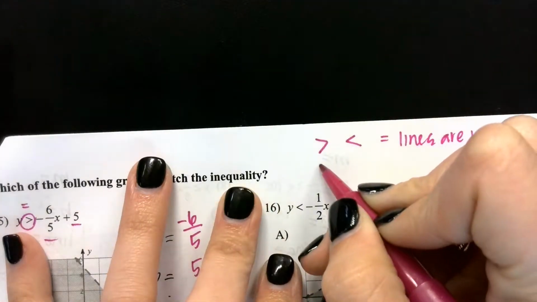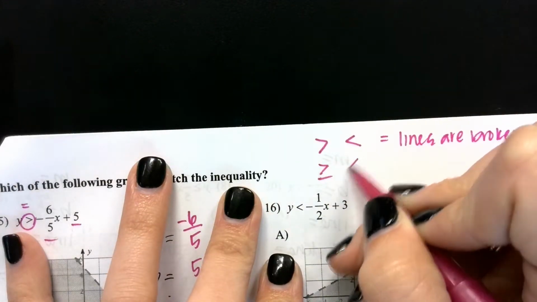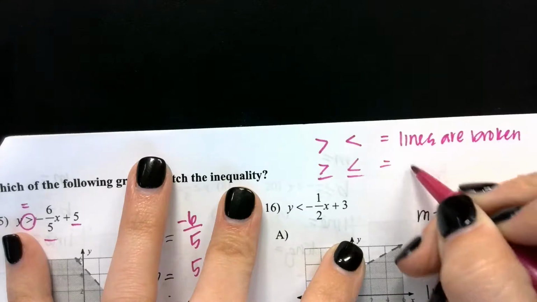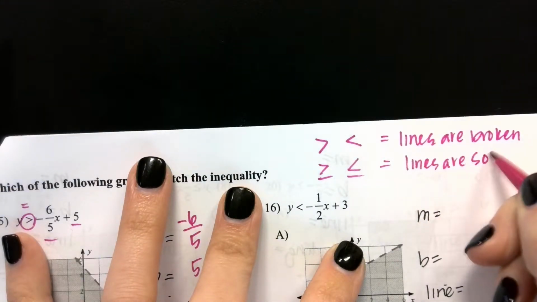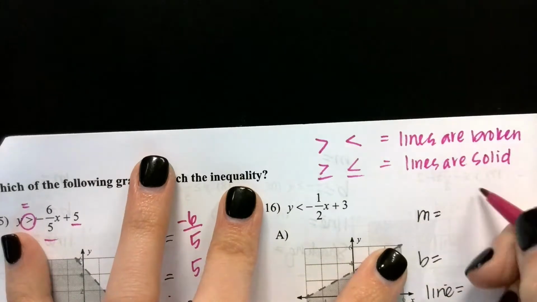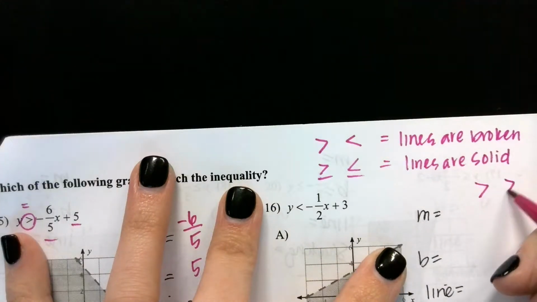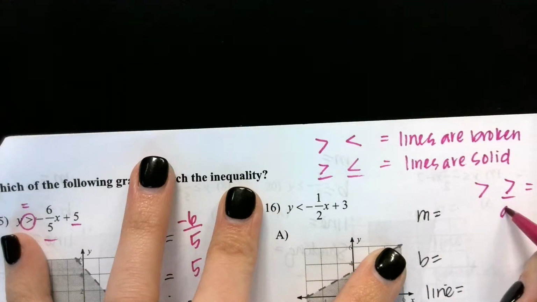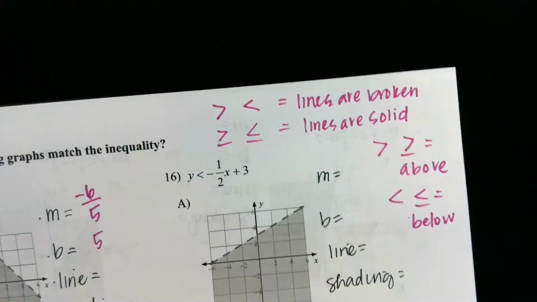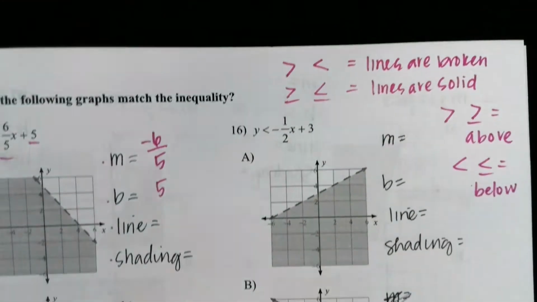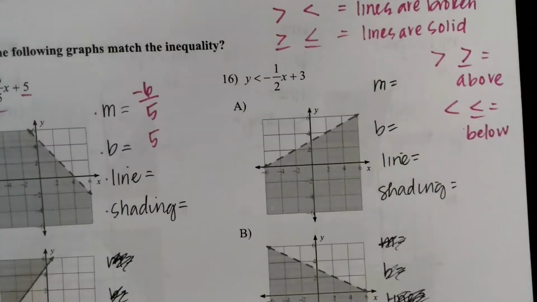And if you have greater than or equal to or less than or equal to, those lines are called solid. If you have greater than or equal to, the shading is above. And if you have less than or equal to, the shading is below. Those are 4 things that we're going to learn about tomorrow, but I'm previewing this. This is like the trailer for tomorrow's epic movie.